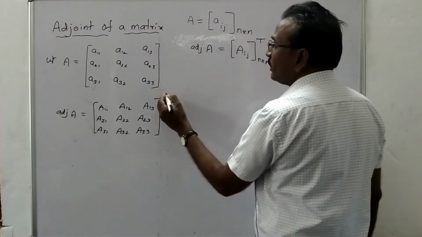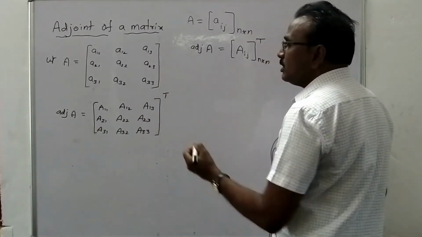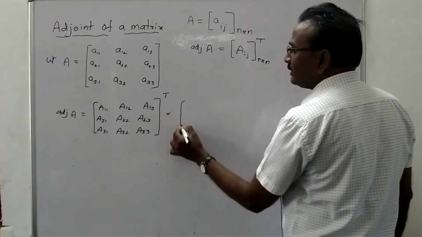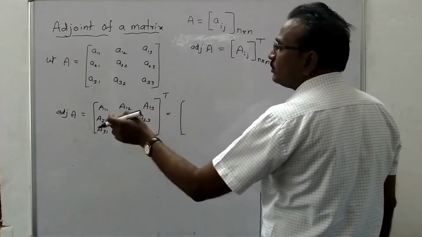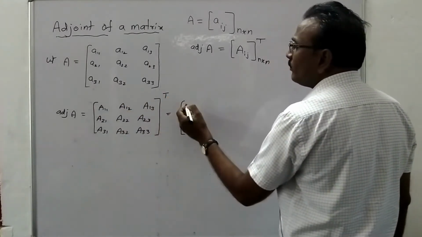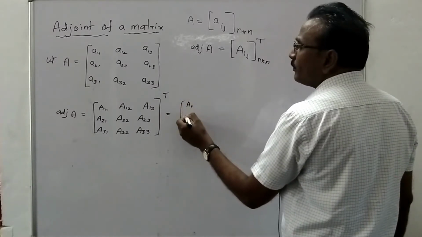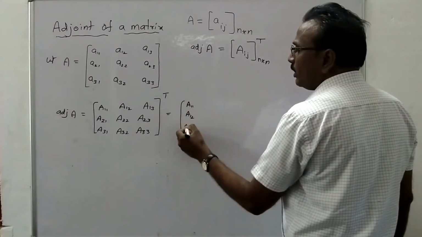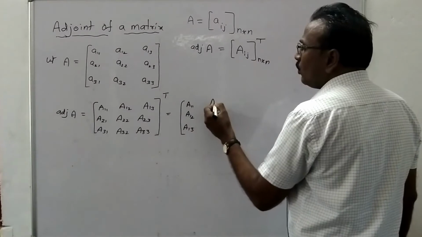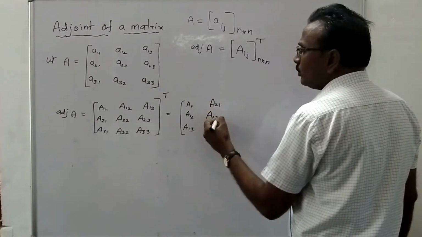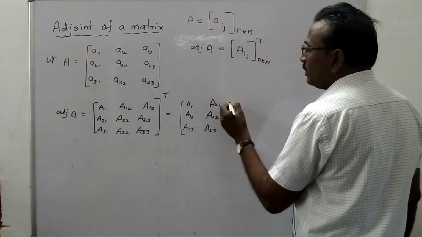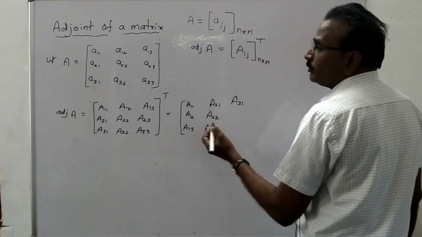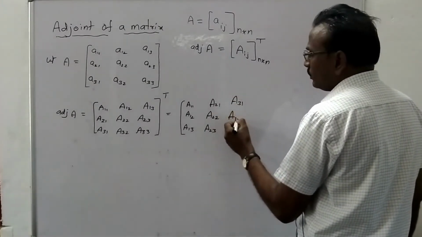The transpose of the cofactor matrix is obtained by interchanging rows and columns. Here the first row elements are written in the first column: A11, A12, A13, then the second row, then the third row A31, A32, A33.